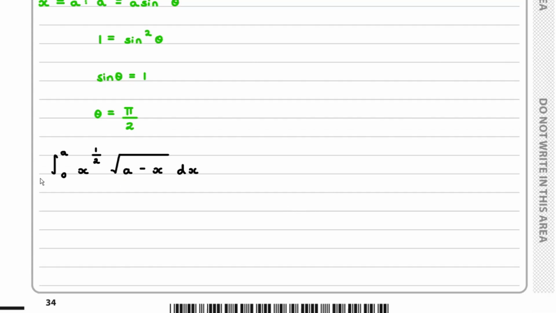So we have our original integral of x to the 1/2 multiplied by the square root of a subtract x with respect to x with limits 0 to a.